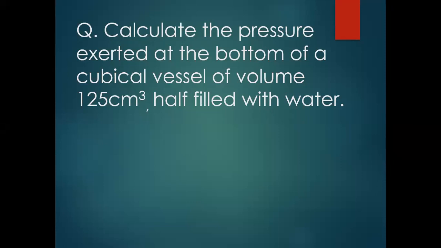After finding H, you must divide it by 2 to get the height of the liquid column inside the vessel. Why? It is half filled. So half of the height of the vessel will be equal to the height of the liquid inside the vessel.